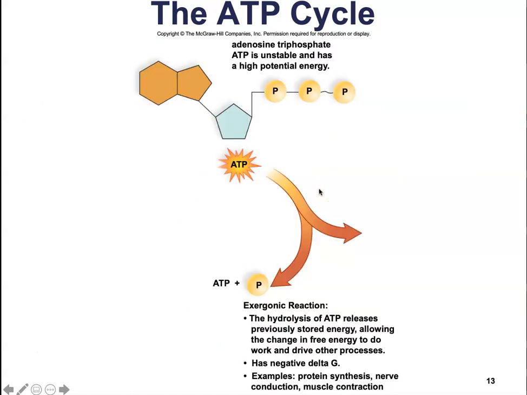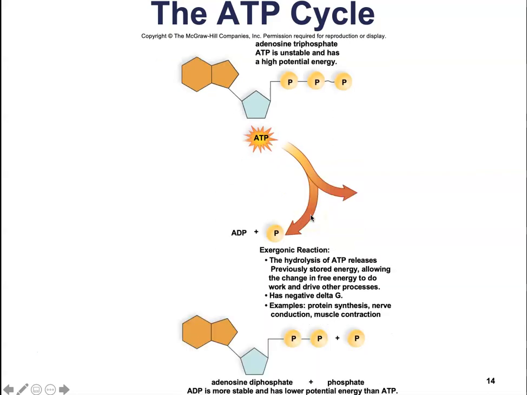So if we talk about this exergonic reaction, which is the breakdown of ATP into ADP plus a free phosphate, basically we cleaved off one of the phosphates here. The hydrolysis of ATP releases previously stored energy in this phosphate bond, and then you can use that energy to drive other reactions, okay?